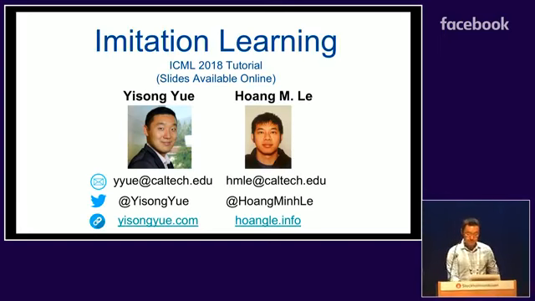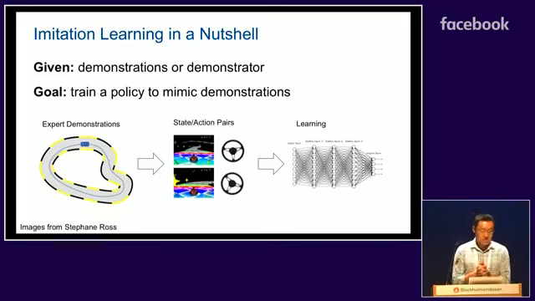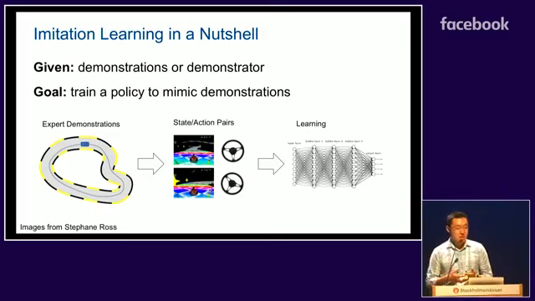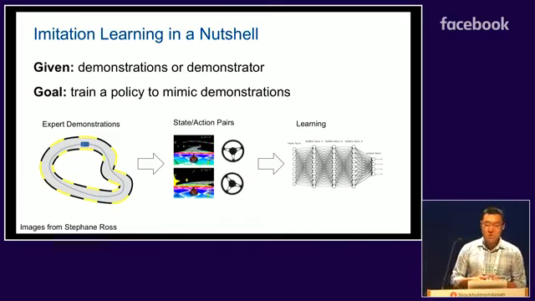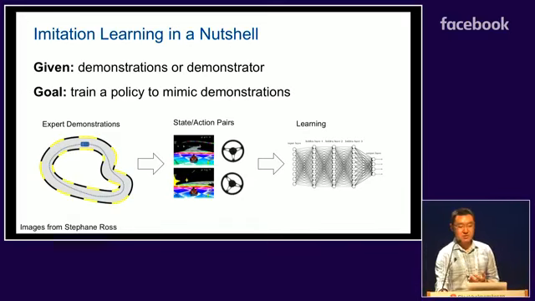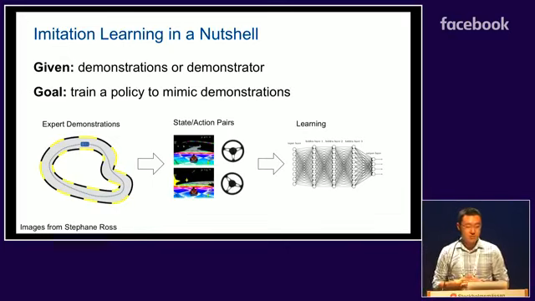Okay, so imitation learning in a nutshell. The basic idea is you're given a training set of demonstrations or Oracle access to a demonstrator. And from that training data, our goal is to train a policy to mimic the demonstrations that we're given as training data. In the example here, we see an example of learning to imitate a human in this race car game.